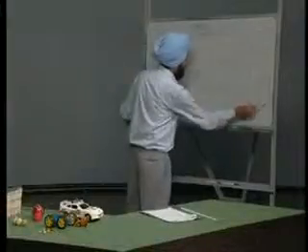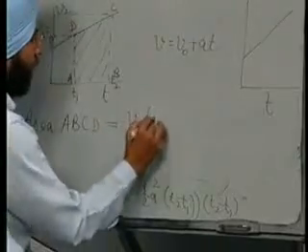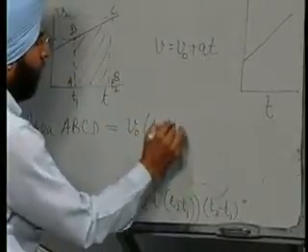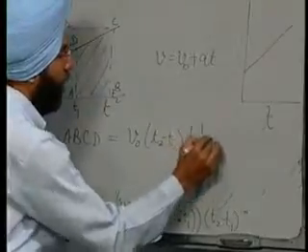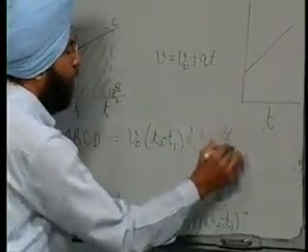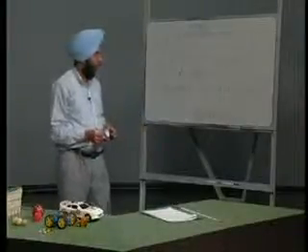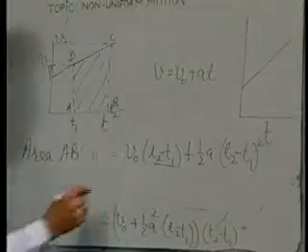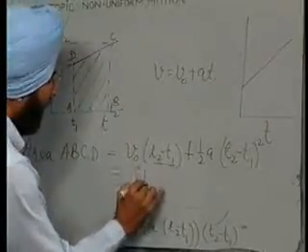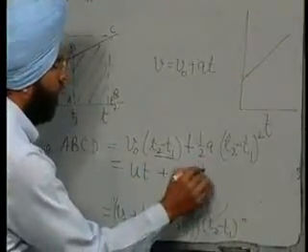This we can write as V naught T 2 minus T 1 plus half A T 2 minus T 1 whole square. If we take T 2 minus T 1 as T and V naught as U, we can write this as U T plus half A T square.